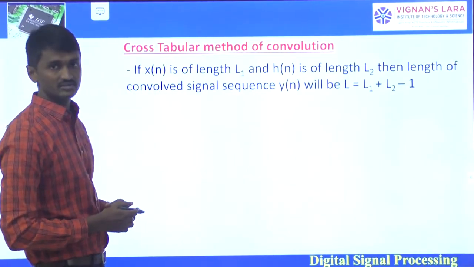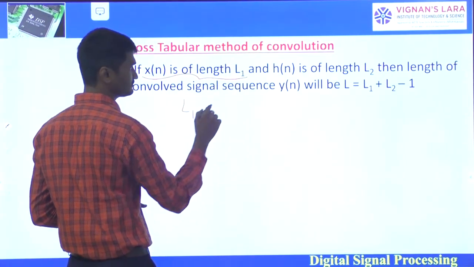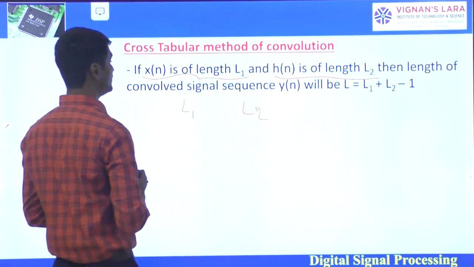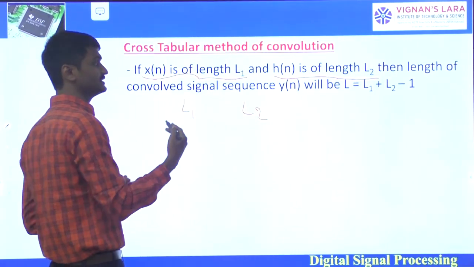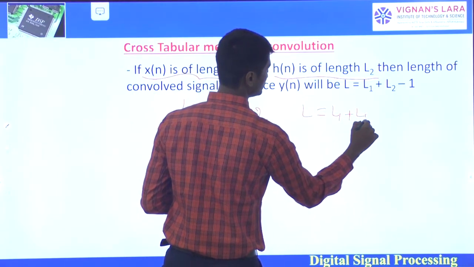Now the length of the sequences. If x of n is of length L1 and h of n is of length L2, then the length of the convolved signal, that is the resultant signal y of n, will be L equals L1 plus L2 minus 1.